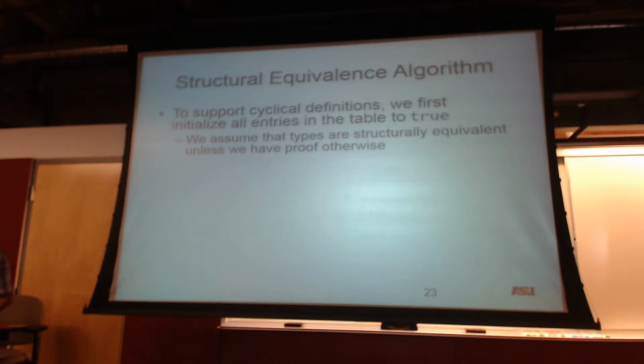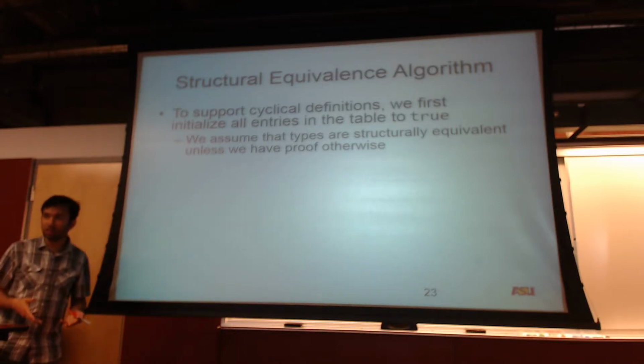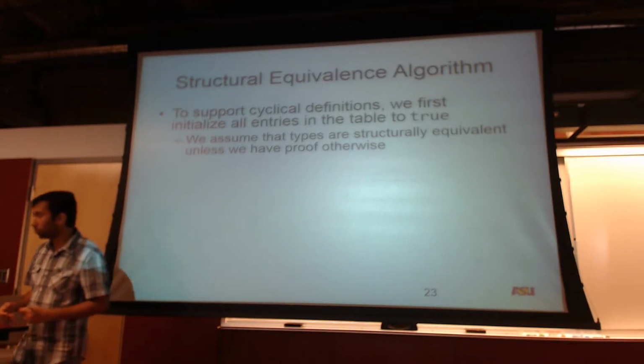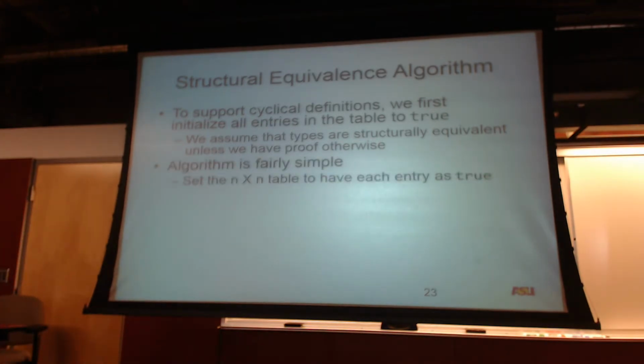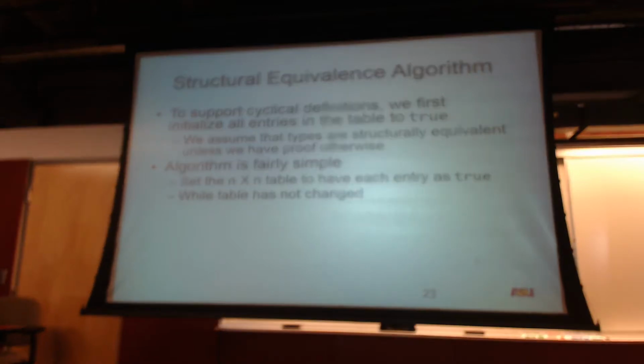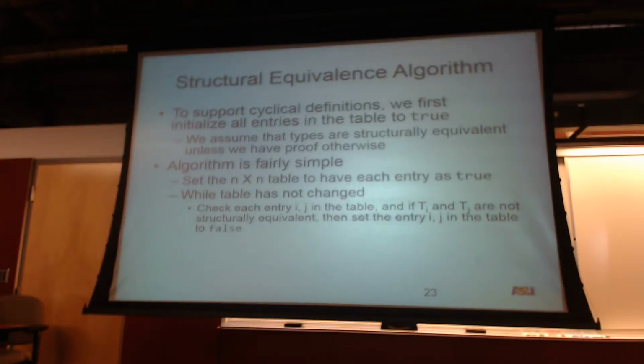So, innocent until proven guilty. We'll use that same rule. So we set the n cross n table to have each entry as true. Then while the table has changed, we check the entry ij in the table. If Ti and Tj are not structurally equivalent, then set the entry ij to false. Very simple.